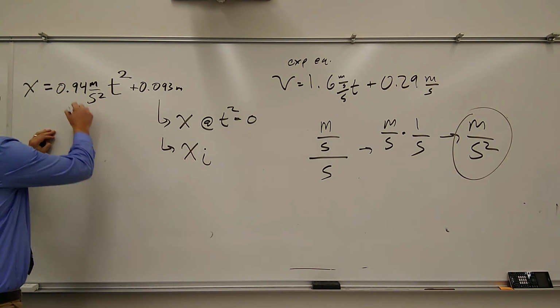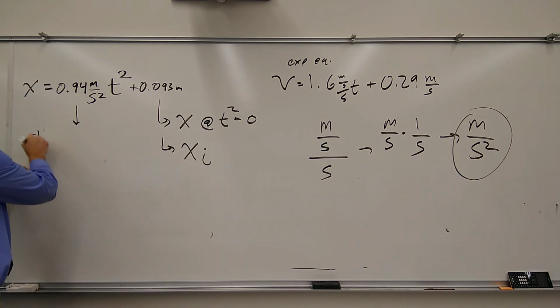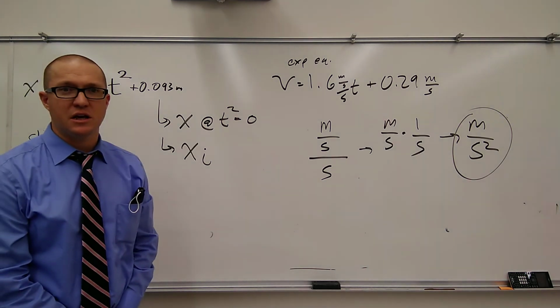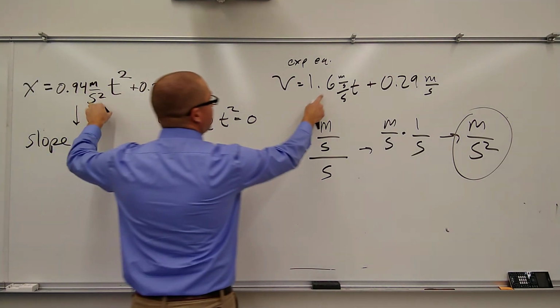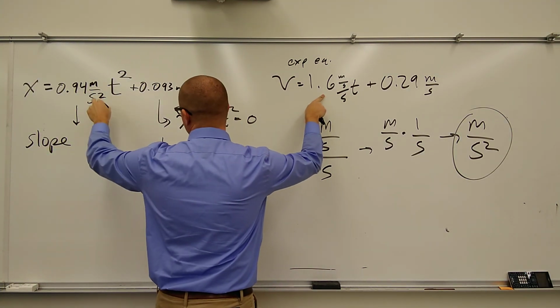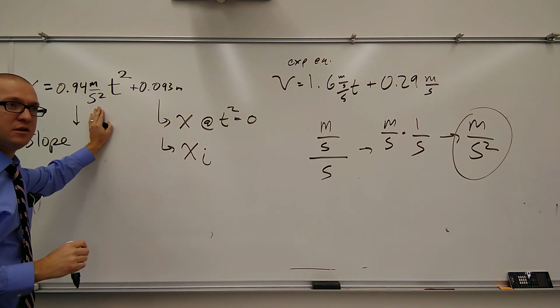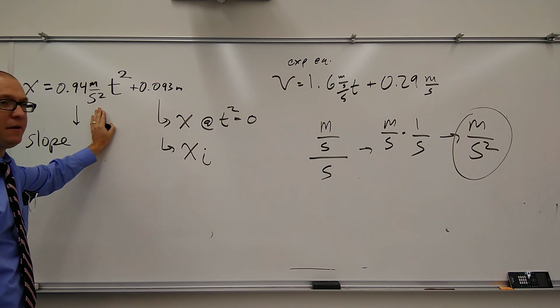Now check out the slope of this line. Look at the units on it. It looks like an acceleration, meters per second squared. However, it's not the acceleration. This is 1.6, this is 1.94. Well, this data didn't come out that great. Some other cars, the data came out a lot better.